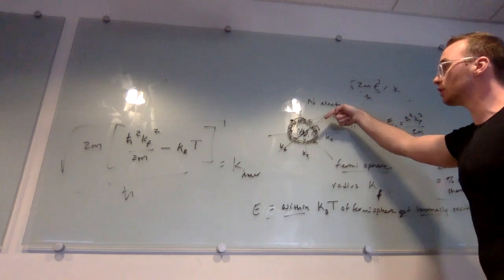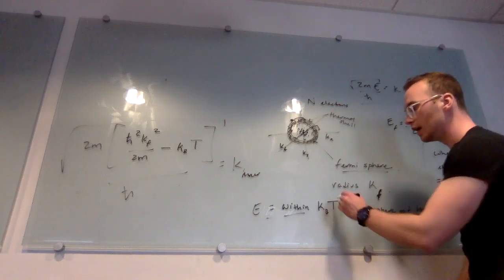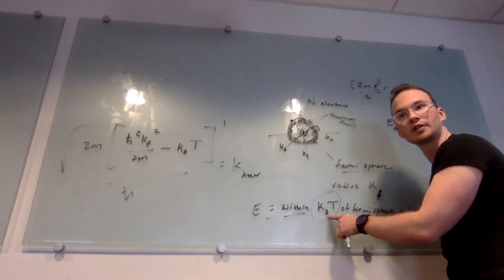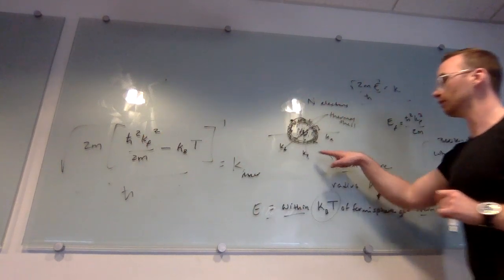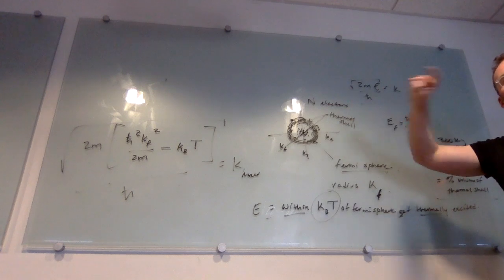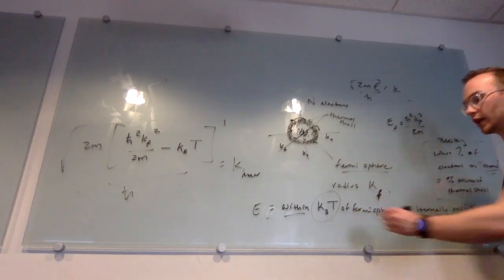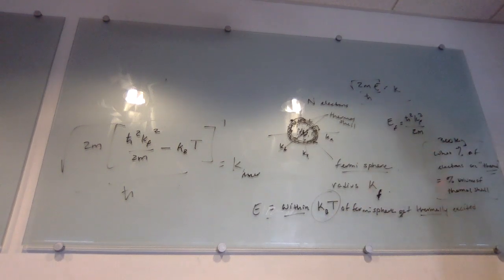It's a little confusing because k_B is a constant, and this k is a value, like a position vector kind of thing. k_B is literally a number.